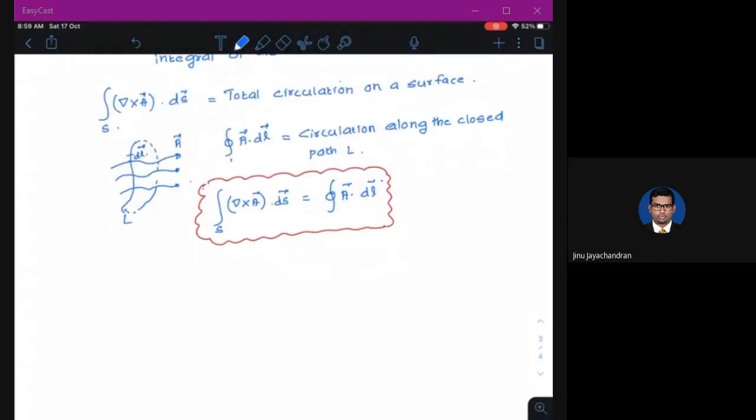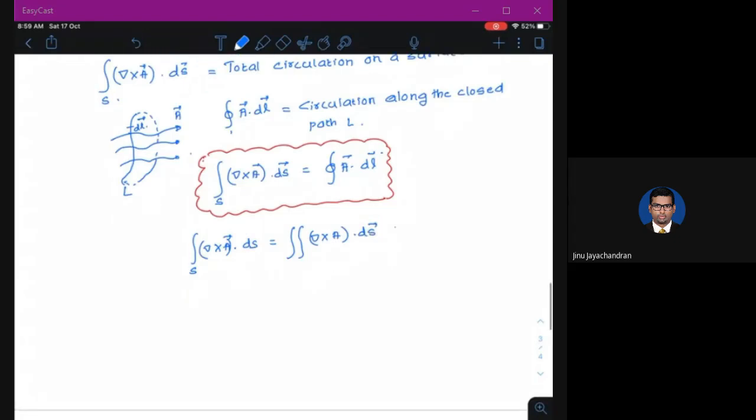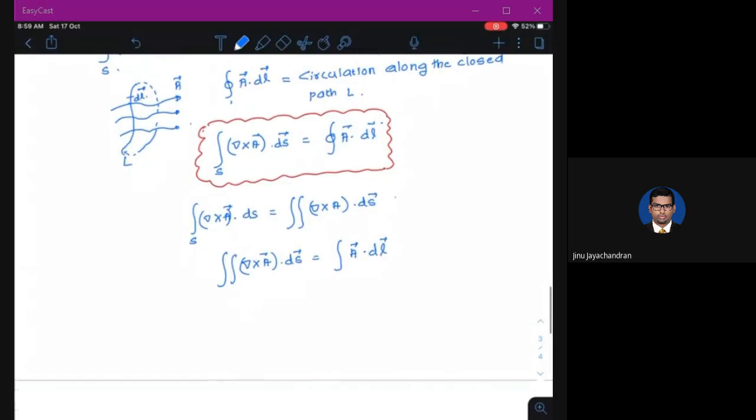Here again you should understand the surface integral doesn't mean it is a single integral. It means there is a double integral of del cross A dot ds. So in general I can write del cross A dot ds is equal to the line integral of A dot dl. The line integral is a single dimensional integral, only a single integral.